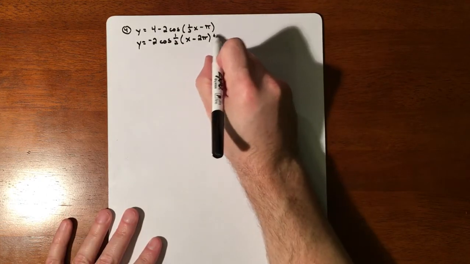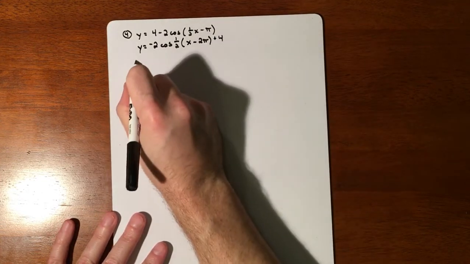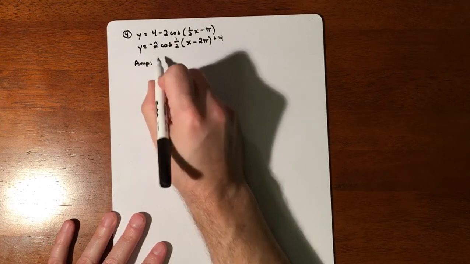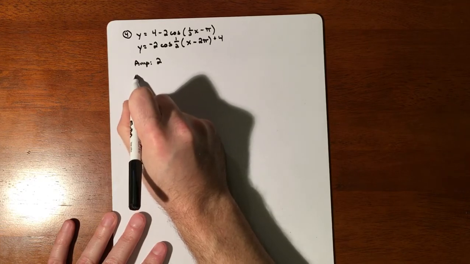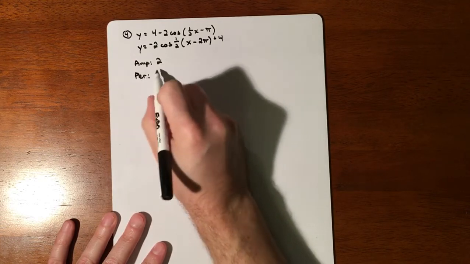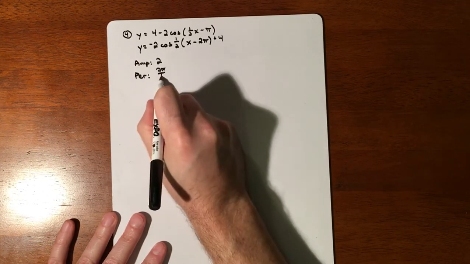So if it doesn't feel right, just double check that the math goes back to the original. And then here's your 4. All right, so amplitude is going to be 2, not the negative. The negative is going to vertically reflect it, but it's not your amplitude. Period is going to be 2 pi divided by the b.